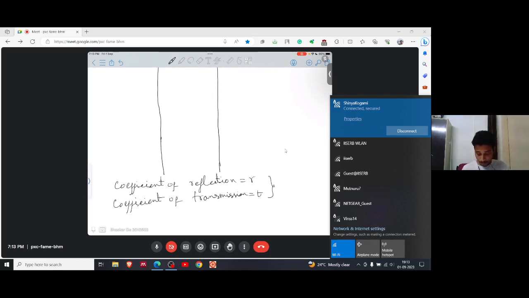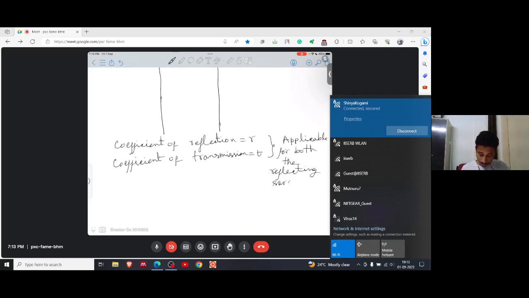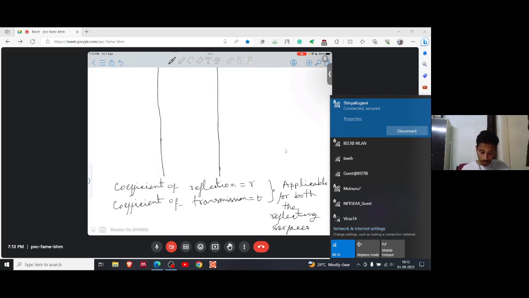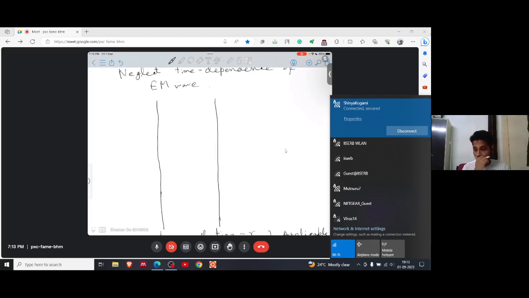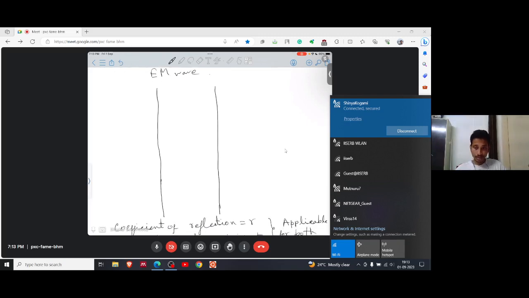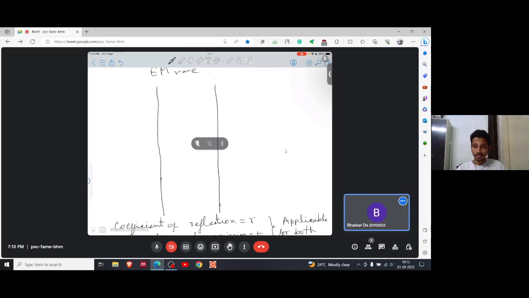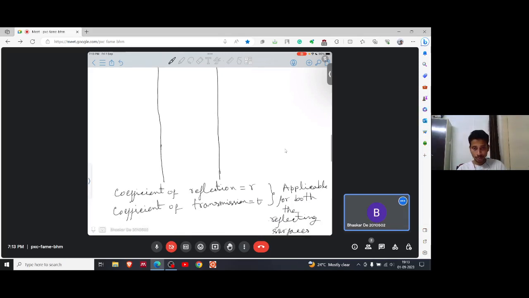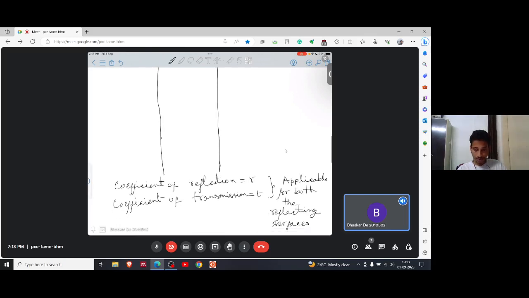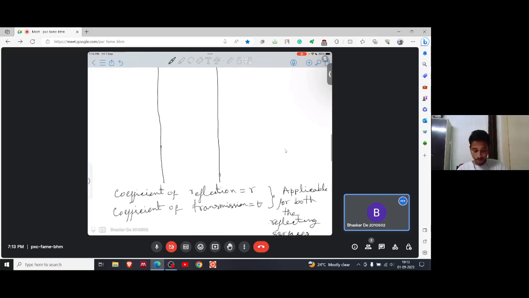So these two are mirrors, not perfect mirrors but partially reflecting mirrors, and they have the same properties. These two properties are applicable for both reflecting surfaces.